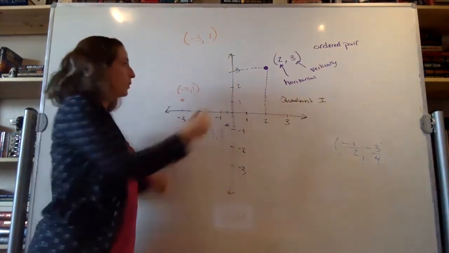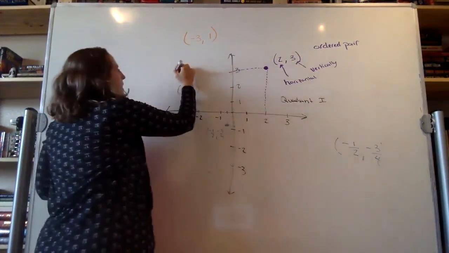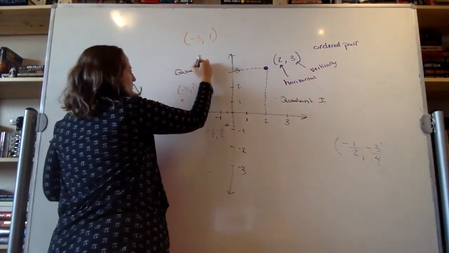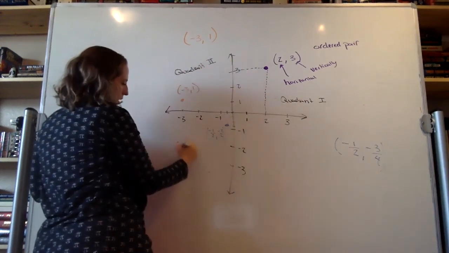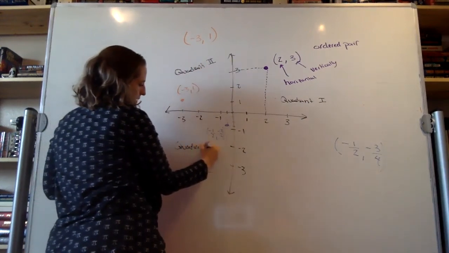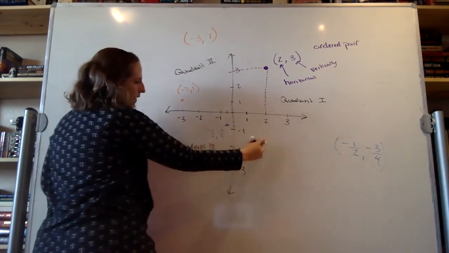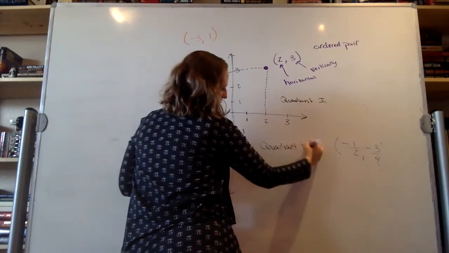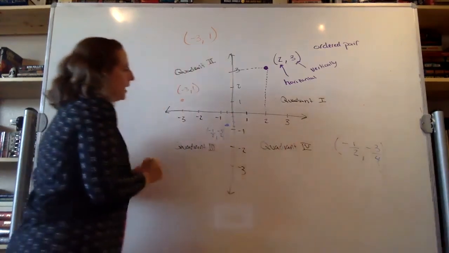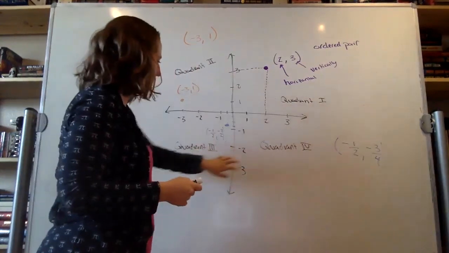So here's quadrant 1, this piece of space. Here is quadrant 2, again using Roman numerals. Here is quadrant 3. And this would be quadrant 4. Okay. So quadrant 1, 2, 3, 4.